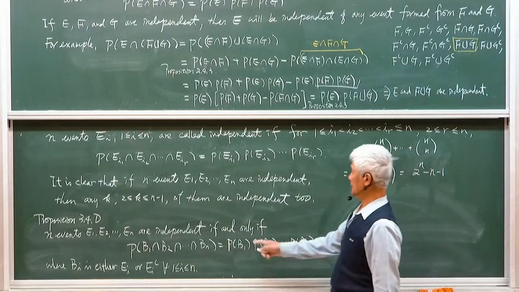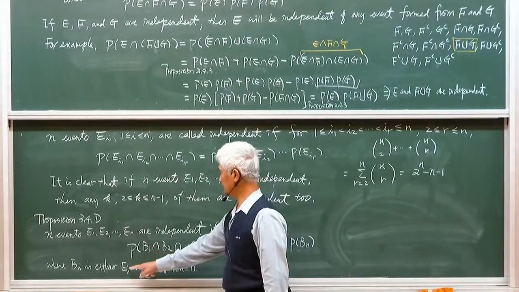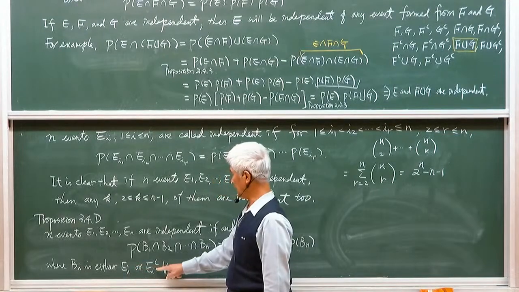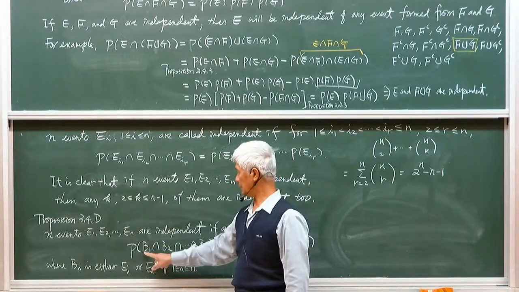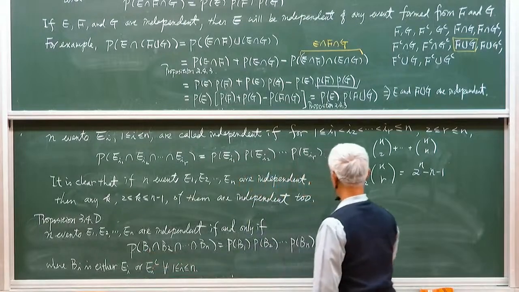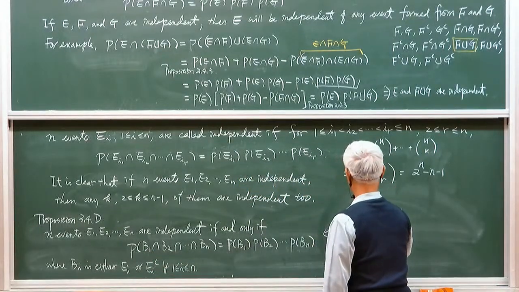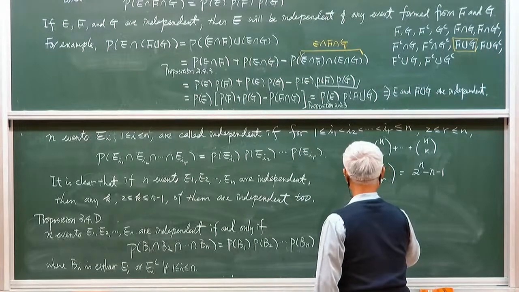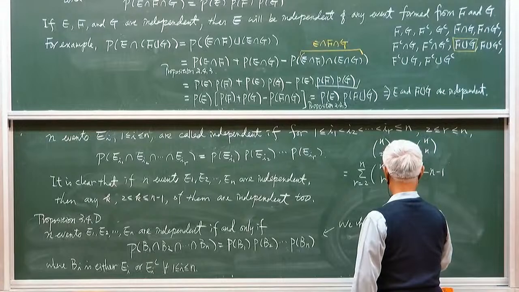Because Bi is either Ei or Ei complement, there are 2 choices for each Bi, so that here we have 2 to the nth power equations.